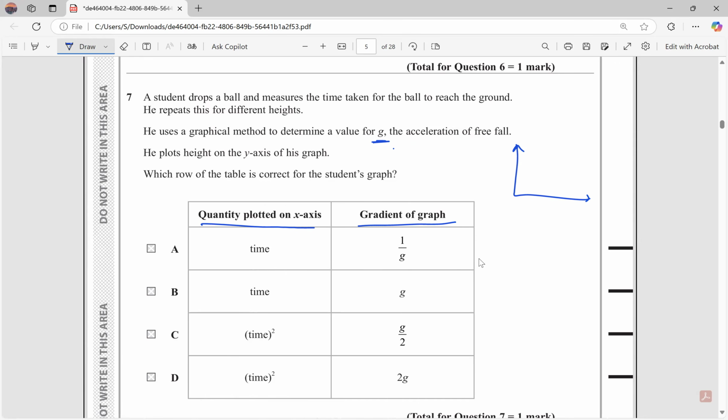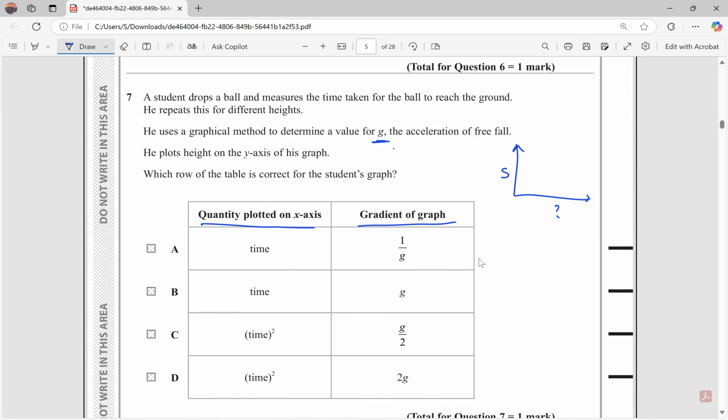What we know is that the height is on the y-axis, as it's here, and we need to find what is here. So it's an experiment to determine g. This is core practical 1 or 2. I think it's core practical 1, but it's either the first one or the second one.